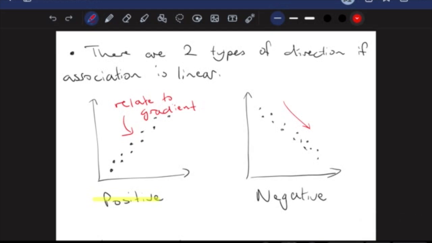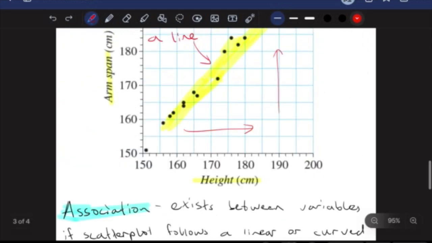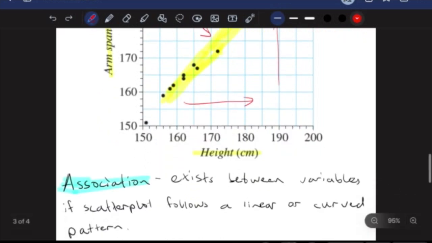So as one goes up, the other goes down. So this directionality with lines that we talked about applies to scatter plots as well. So the association with the scatter plot that we did is going to be what we call a positive association. As one variable gets bigger, the other gets bigger also.